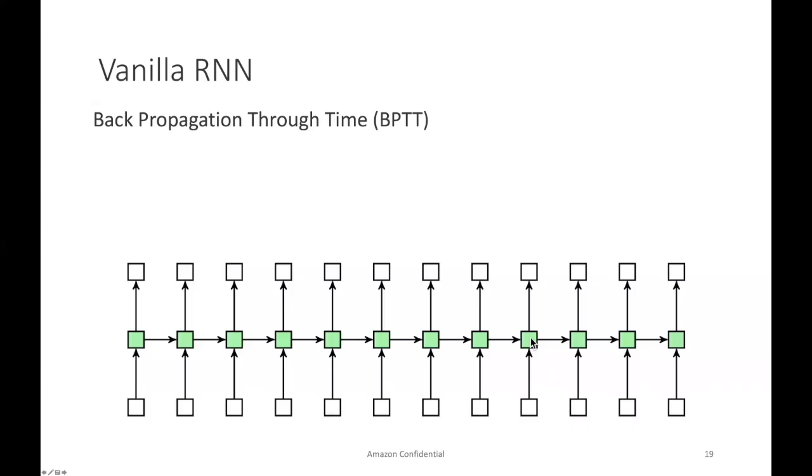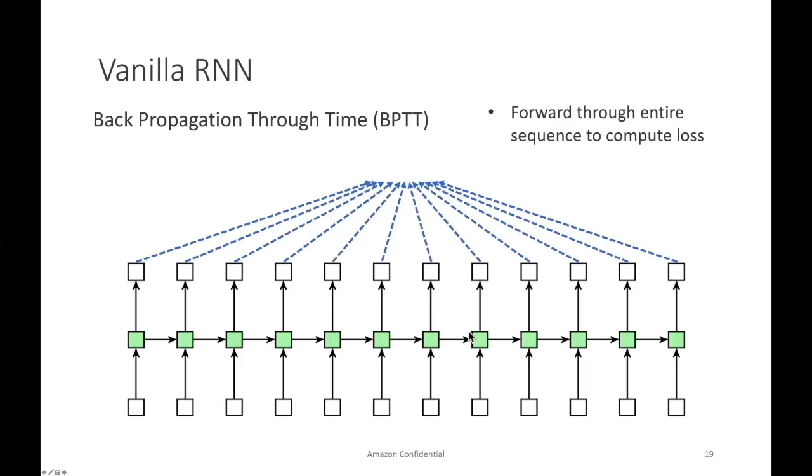Now, the way that this RNN's loss is calculated is also called backpropagation through time. We forward through the entire sequence, and at the end of the sequence we compute the loss.